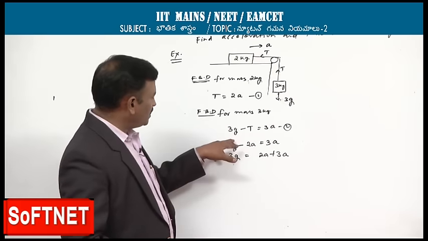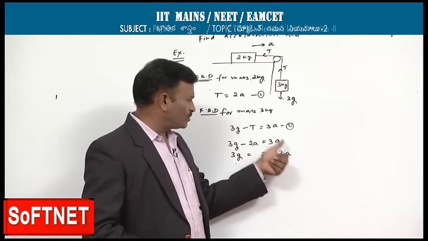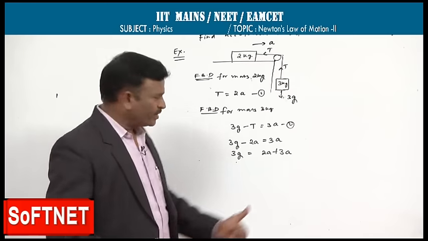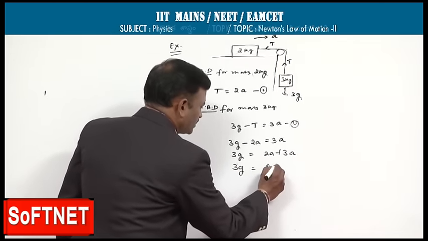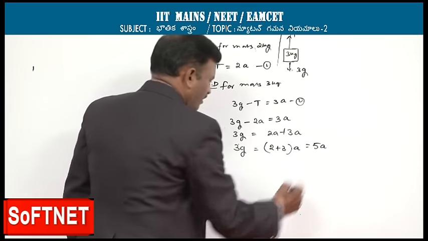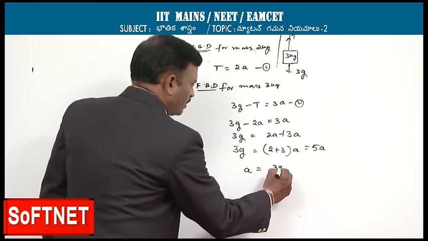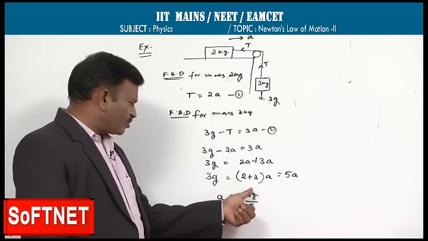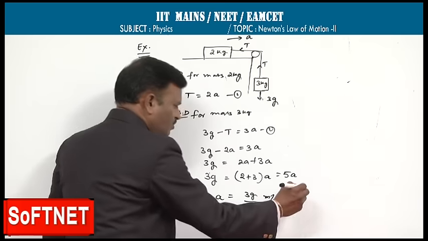So, 3g is acting down, tension is acting up. So, 3g minus 2A is equal to 3A. 3g is equal to 2A plus 3A. Here 3g equal to 2 plus 3 into A, that is equal to 5A. So, acceleration A is equal to 3g by 5, we got 3g by 5 meter per second square.